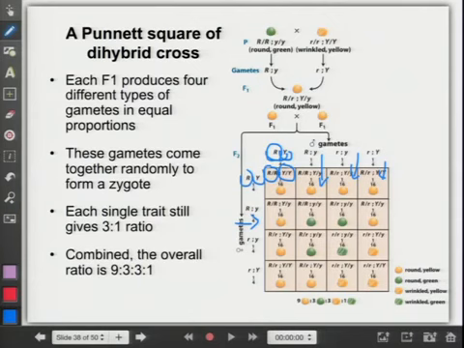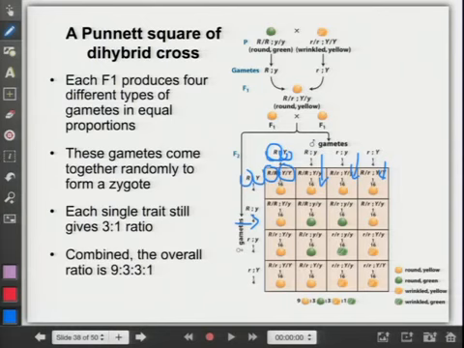Just like the monohybrid, no matter what two heterozygotes with a two-gene cross you put in there, you will always get the same ratios in the square, right? Remember for the one gene square, it was 3 to 1. You got one homozygous dominant, two heterozygotes, and a homozygous recessive from big R, little r crossed with big R, little r.